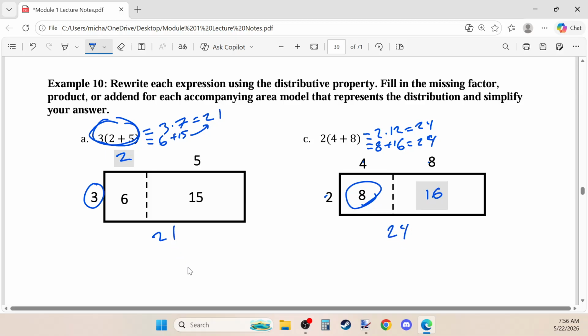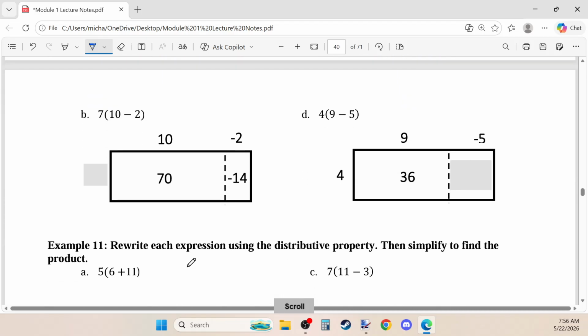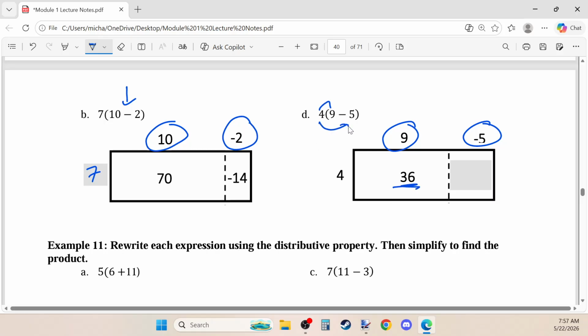This adds up to 21. 10 minus 2 is in here. 7 goes there. 9 minus 5, so I have 9 times 4 is 36. 4 times negative 5 is negative 20.